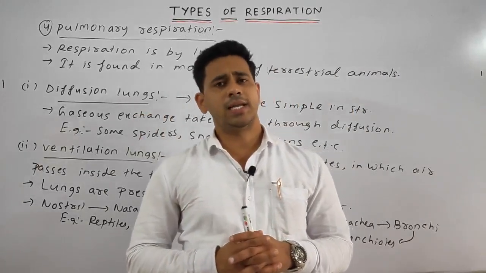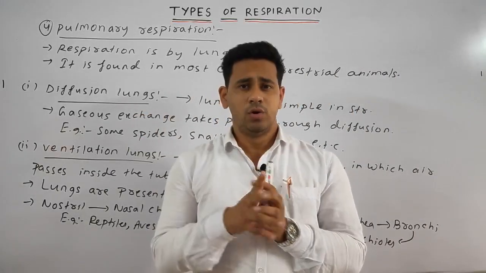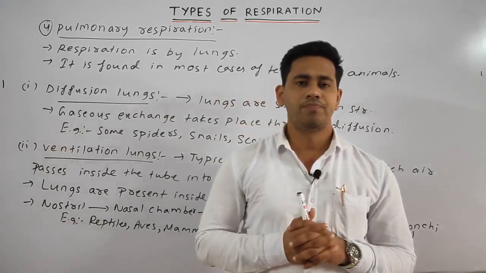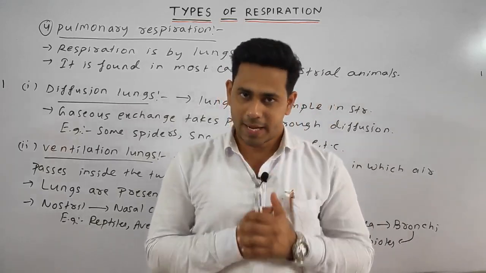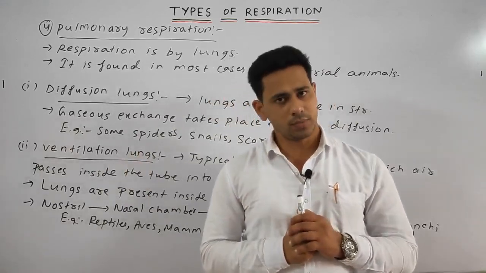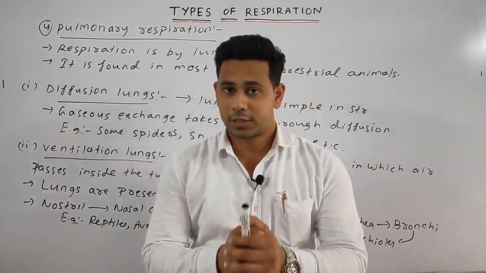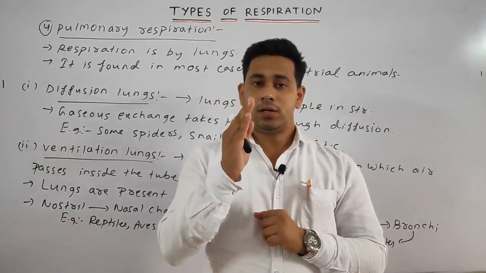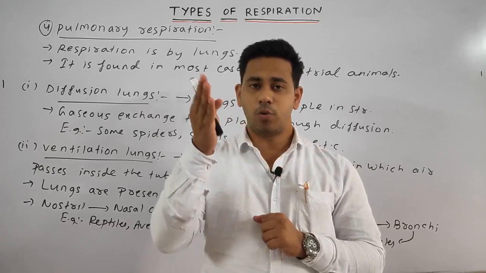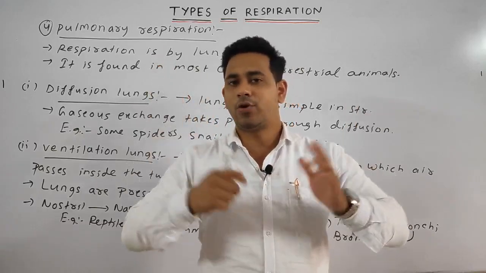Next, we discussed that in the tracheal respiration, three main structures are concerned: the spiracle, the trachea, and the tracheoles. The spiracles are oval and slit-like openings.